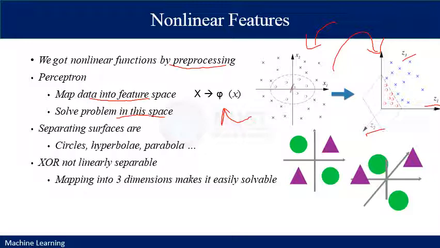The circles are separated from the crosses, and we can separate the data using this boundary. In the non-linear features, surfaces are usually circles, hyperbolas, or parabolas.